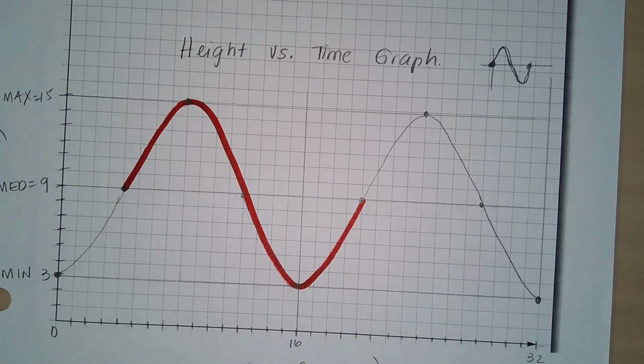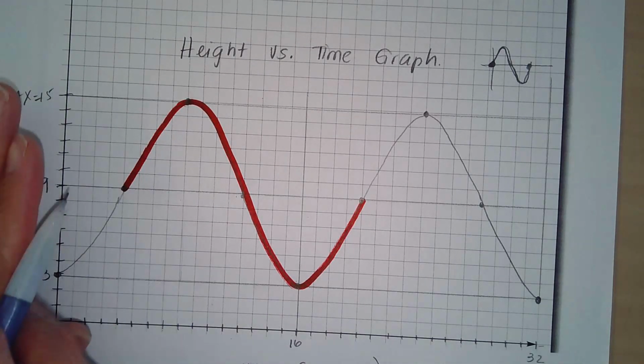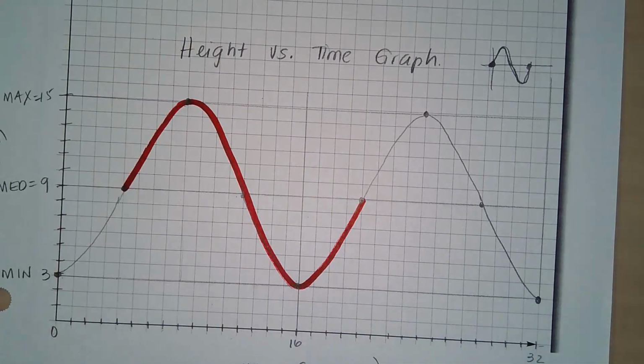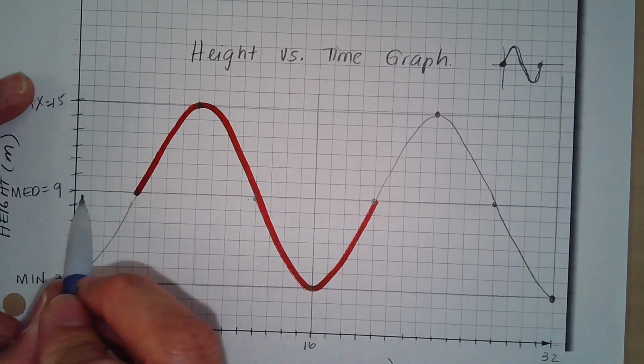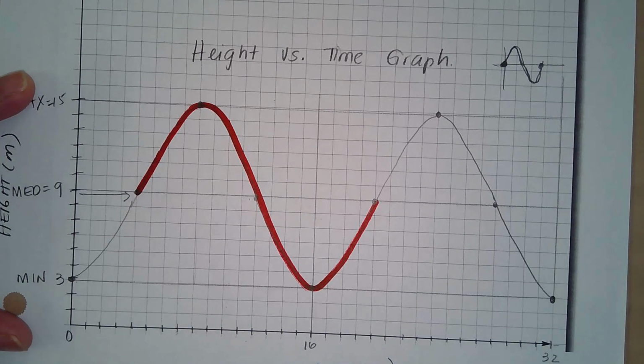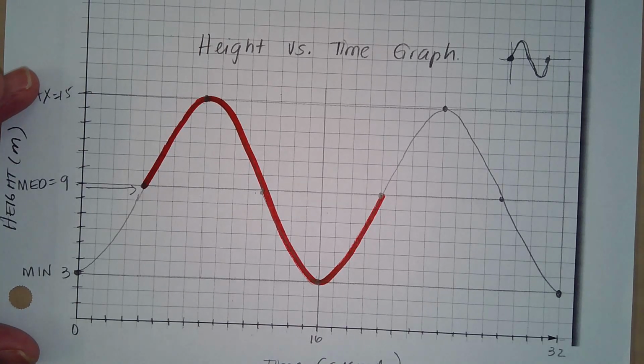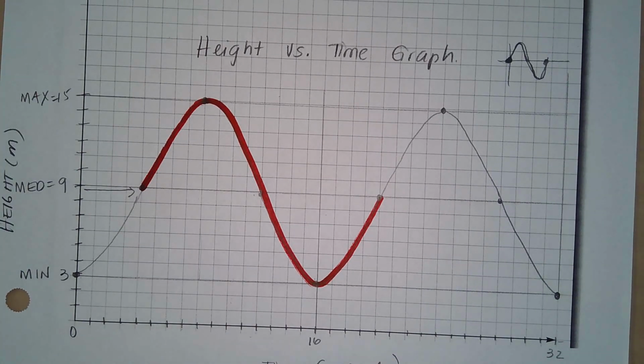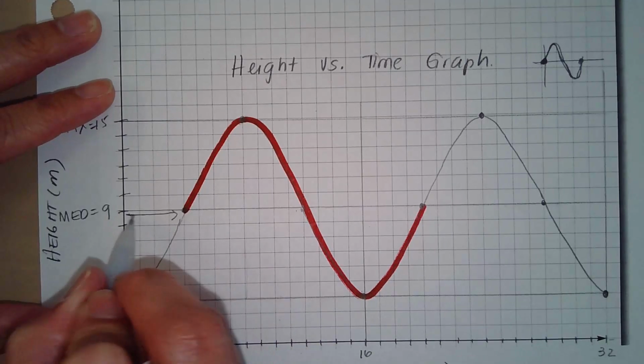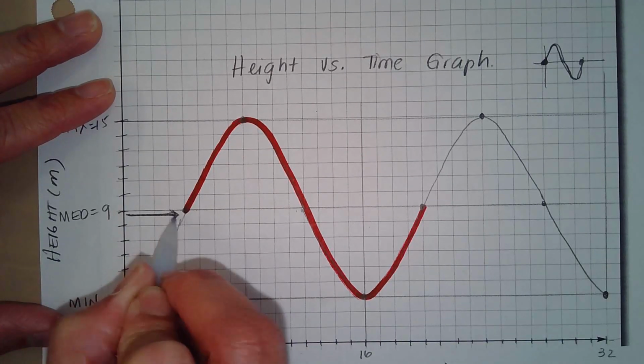Now, if our graph shifted this way, what's our horizontal shift? Four, just 4. Yeah, so that means we shifted to the right.